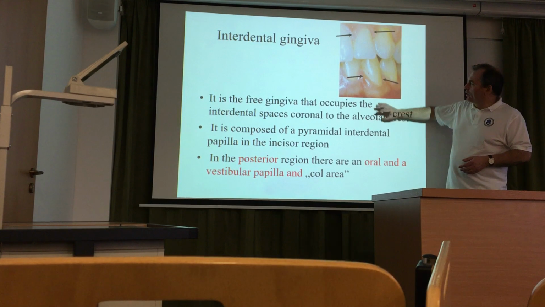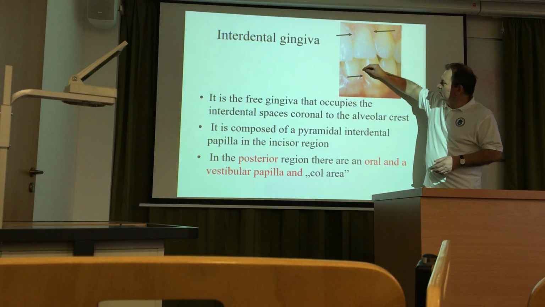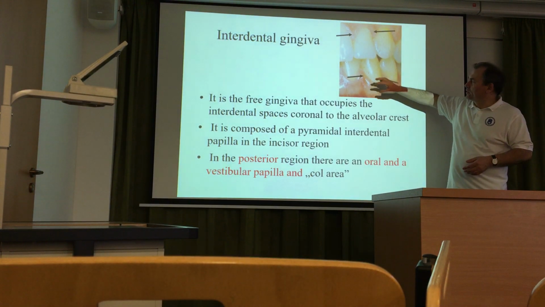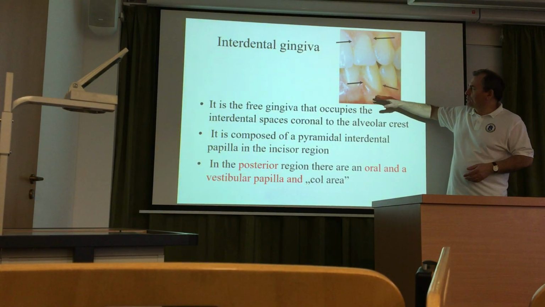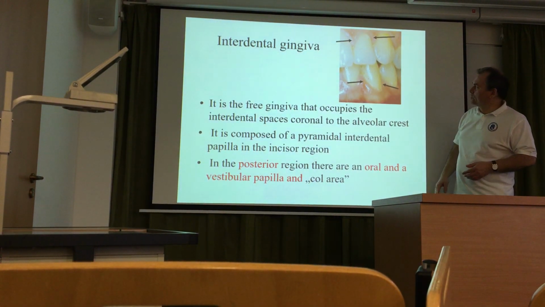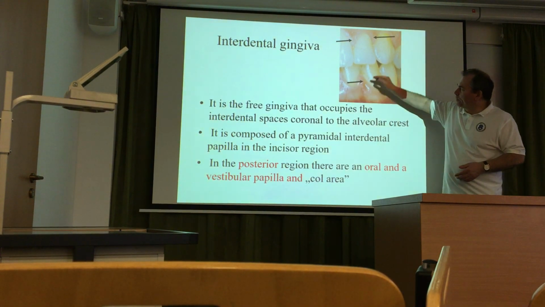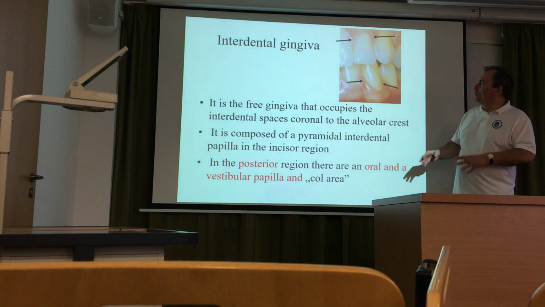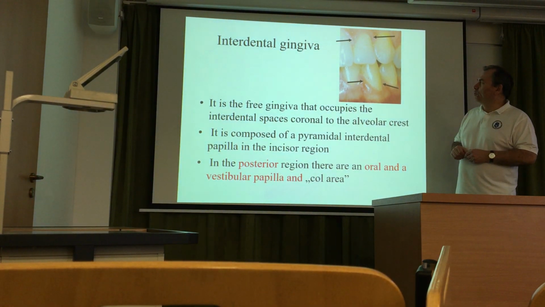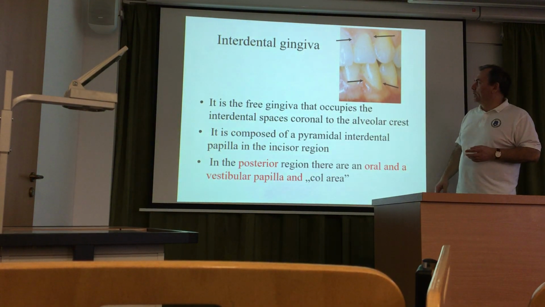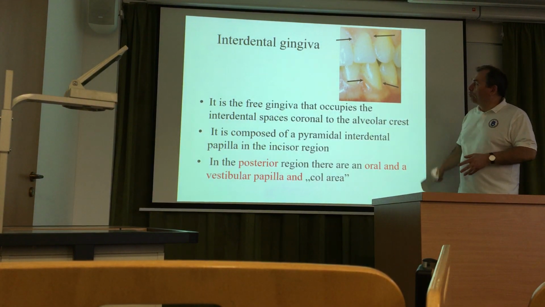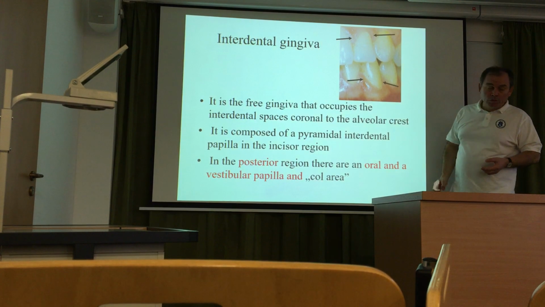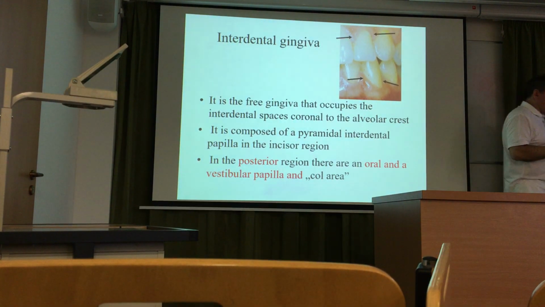So this gingiva below the contact point fills the space in young persons, but in older persons there will be a gap because of the retraction of the gingiva, and when you have a gap and space, the bacteria can accumulate there easily and plaque will form there fast, and it is very difficult to clean because it is a very little gap.